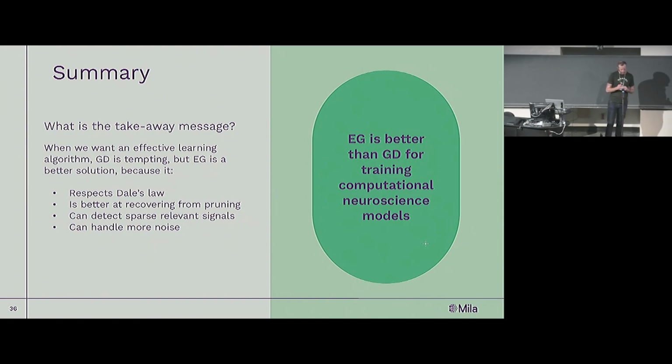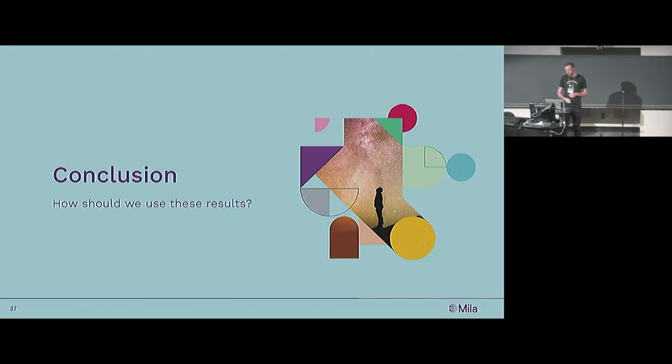Second, it matches the phenomenological data. But then additionally, it's not only matched to gradient descent in terms of its performance in most situations, but it's actually better than gradient descent in situations that are relevant to biology. Notably, if you're considering cases with pruning, if you have to detect sparsely relevant signals, or if you have to deal with a lot of noise.